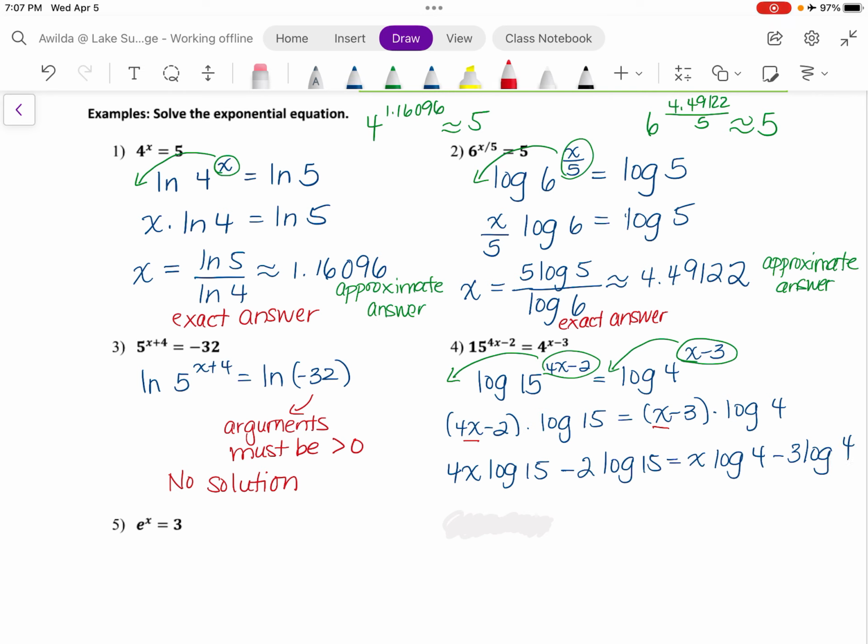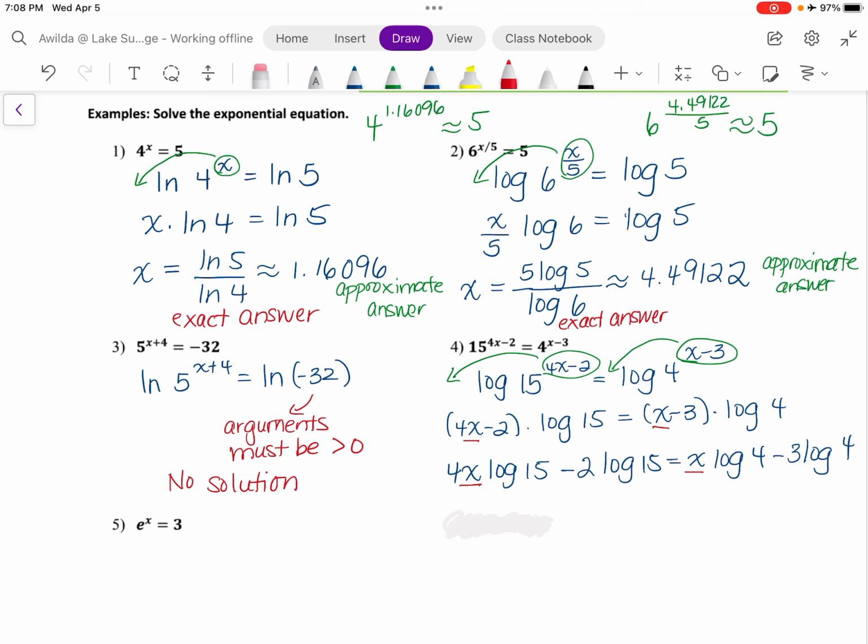I'm going to underline everywhere that I see x. Now x is a coefficient, and I can combine like terms as long as I get those terms on the same side of the equation.